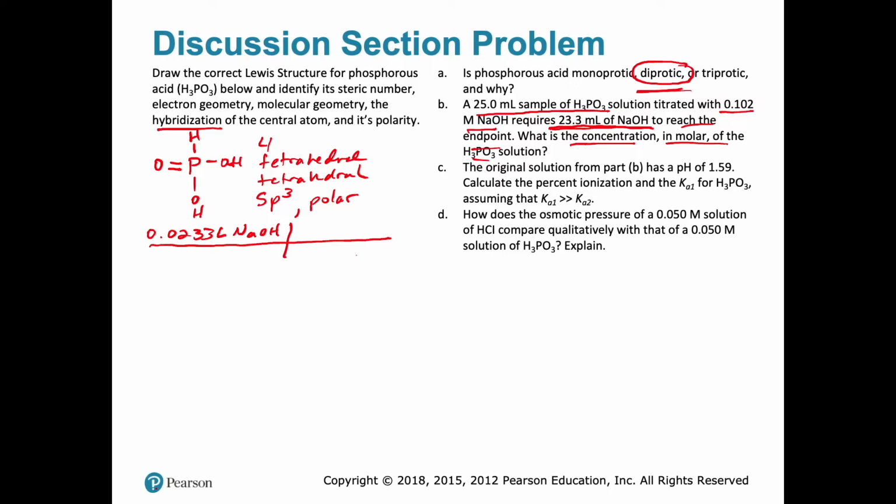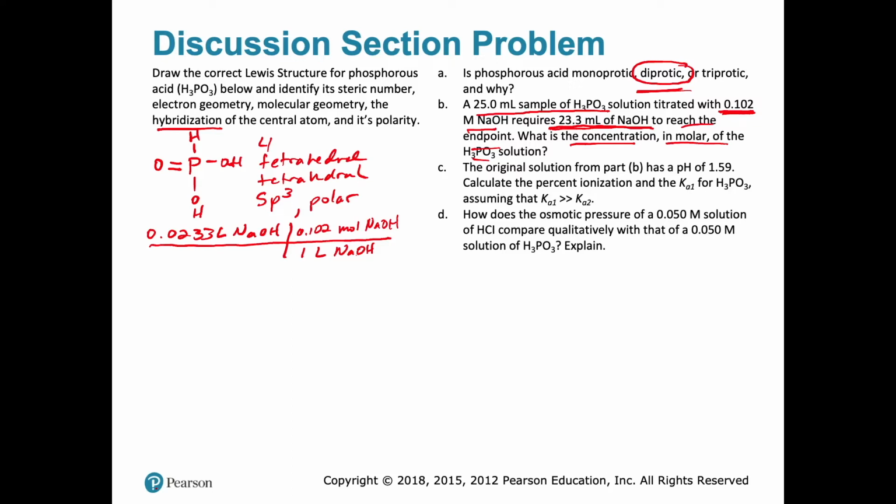And so it says right there that the concentration of the sodium hydroxide was 0.102. So that's going to be 0.102 moles of sodium hydroxide, and all that is over 1 liter, right? Because that's what the unit is for molarity. 1 liter of NaOH, like so, okay?